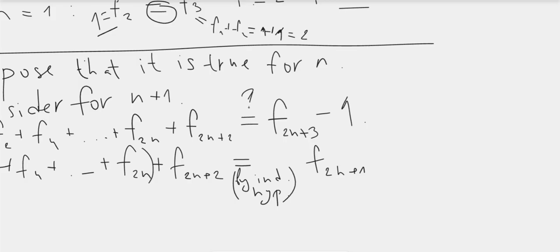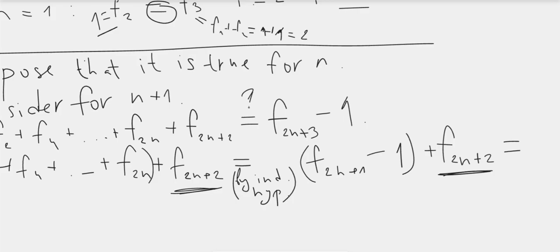So here we say that it's f2n plus 1 minus 1, like this, plus f2n plus 2. So f2n plus 2 comes from here. We rewrite this term as is. So now we simplify it.